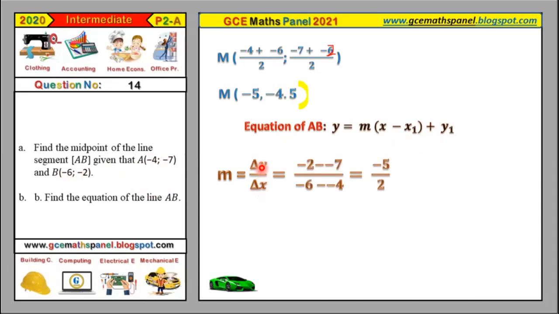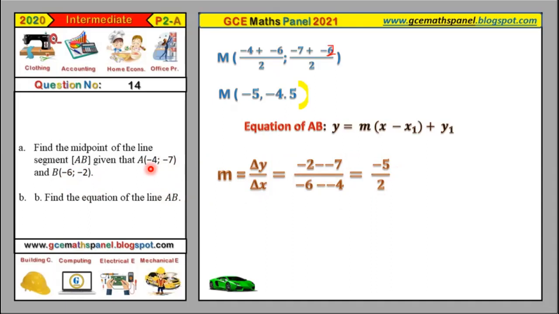So it's change in y over change in x, not change in x over change in y. So we have minus 2 minus minus 7, that's change in y, over change in x. Since I started with minus 2 from this set, I must also begin with the x from this set. So over minus 6 minus minus 4, that gives us minus 5 on 2.